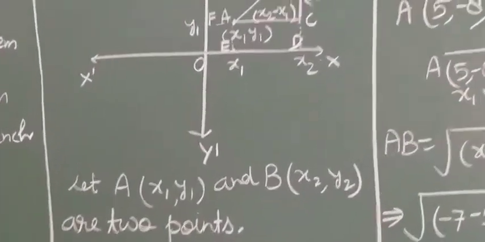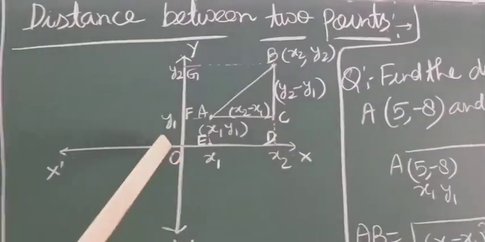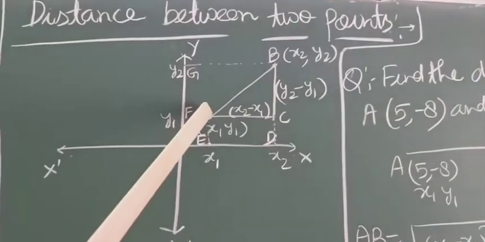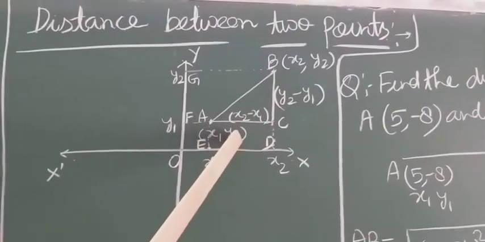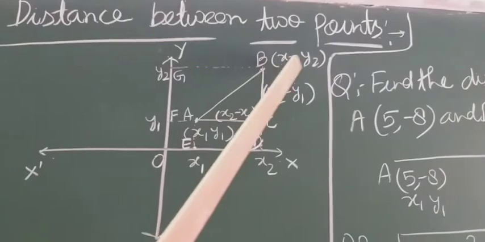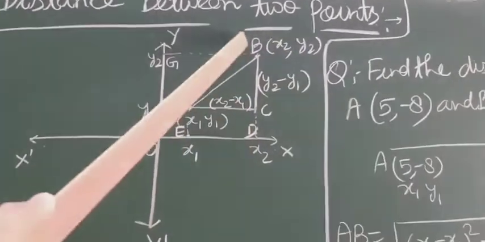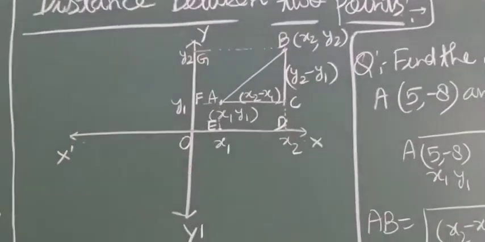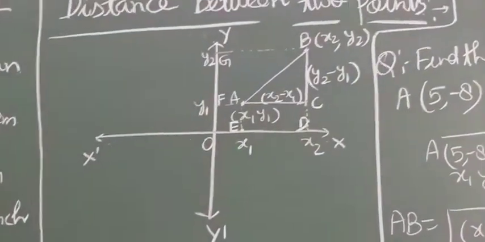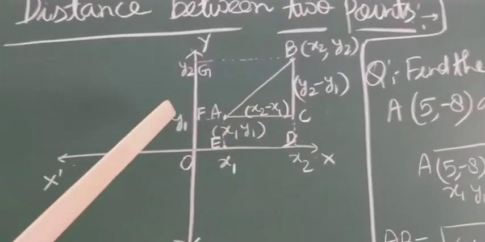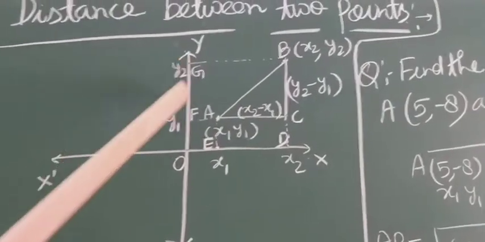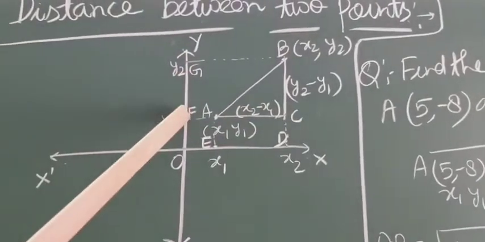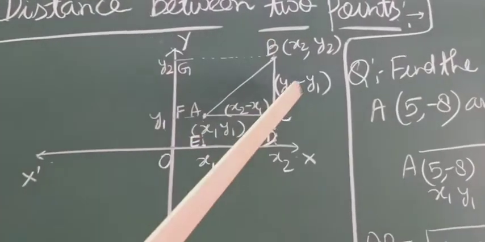Similarly, students, OF equals y1 because the coordinates of A are x1, y1. Now the coordinates of B are x2, y2, that's why BD equals OG equals y2. Correct students? So we can say FG equals y2 minus y1, and BC equals FG, so BC is also equal to y2 minus y1.